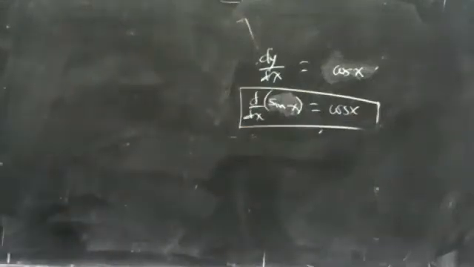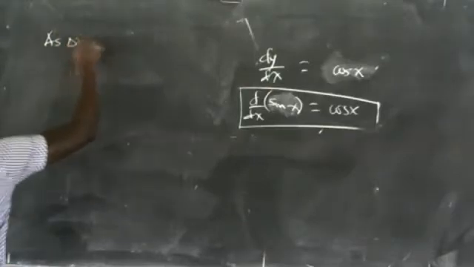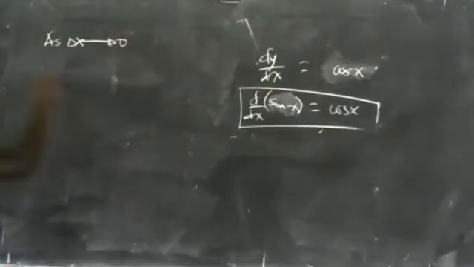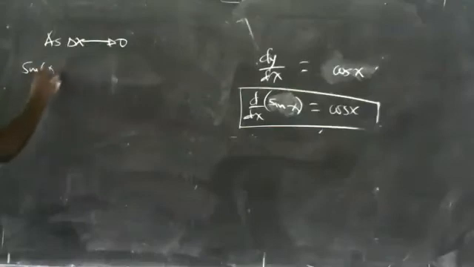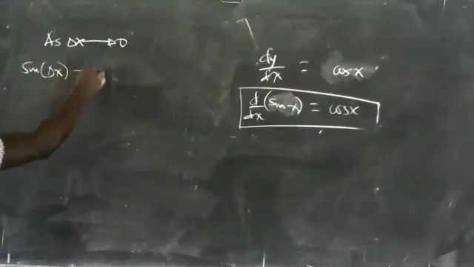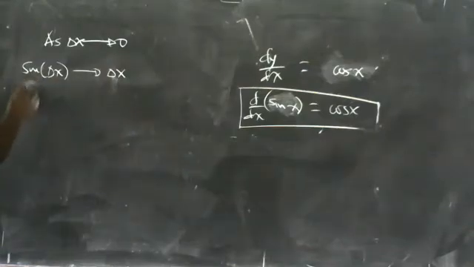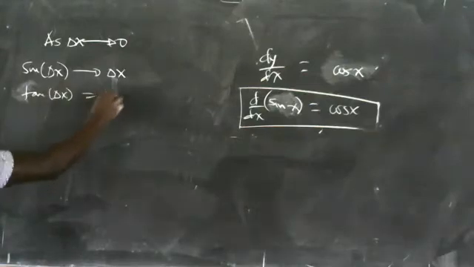I said as change in x tends to 0, you get the same angle. You have tan of the same angle, you get the same angle.